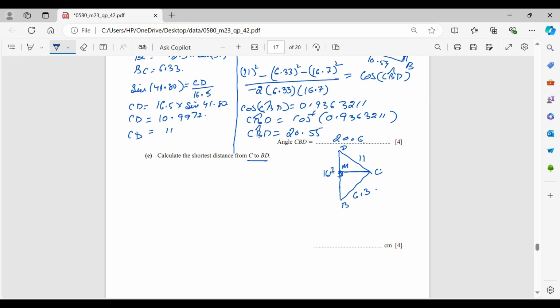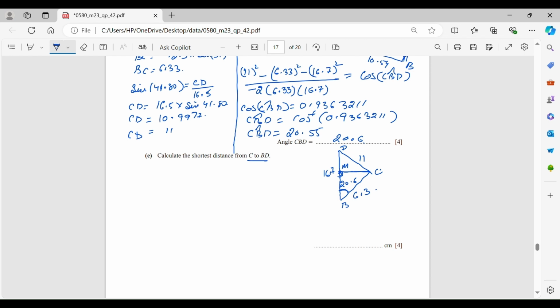So here a 90-degree angle is there, so we can use the trigonometric ratio. We will use sine, right? This angle we already have, this angle is 20.6.